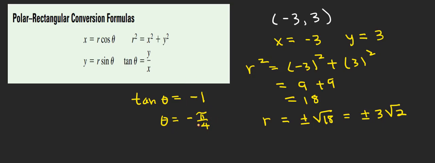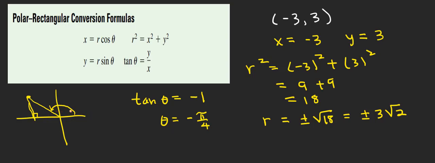Now, let's be careful here, because just because theta is negative pi over 4, it doesn't mean that that's what the answer will be. We have to double check. Where is negative 3 comma 3? It's going to be in the second quadrant, somewhere over here, right? So if you draw a triangle, you know that this reference angle will be pi over 4. So what is this angle right here then? Since the reference angle is pi over 4, this angle right here, it will be 3 pi over 4.